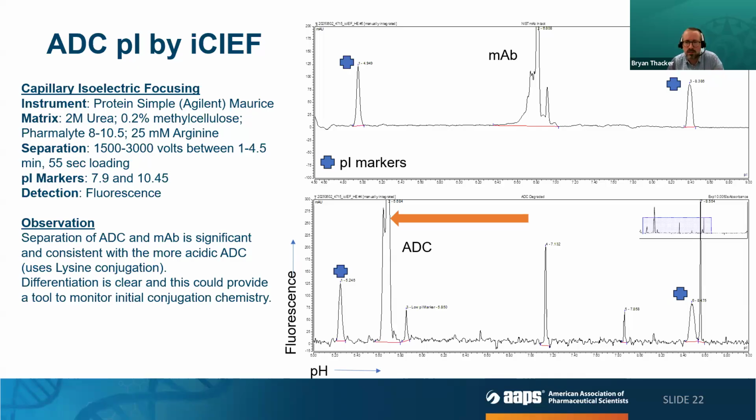In this case, the conjugation is occurring on lysine residues. So the drug conjugation is binding up the basic residues, allowing the protein to become more acidic, which is reflected here in the data. So an approach like this could be used to monitor the process chemistry and understand how different conditions might be affecting the conjugation and the pI of the protein.